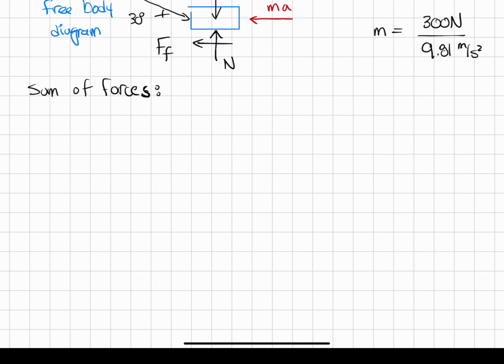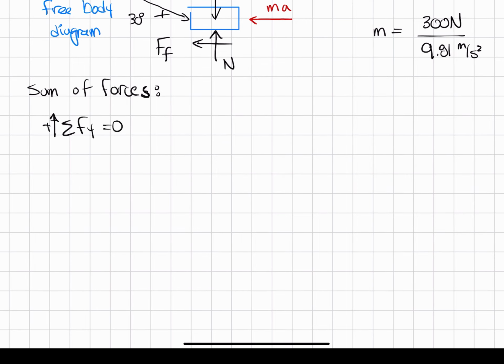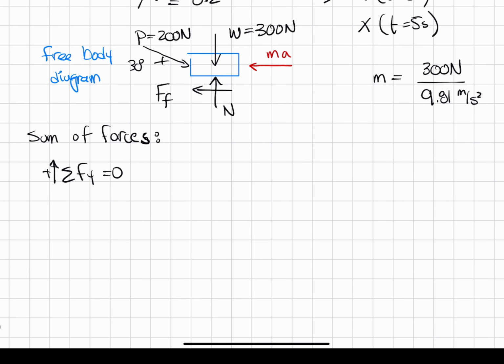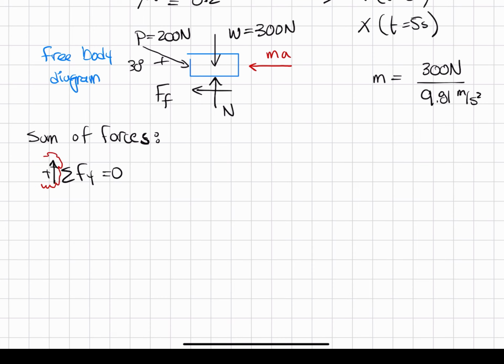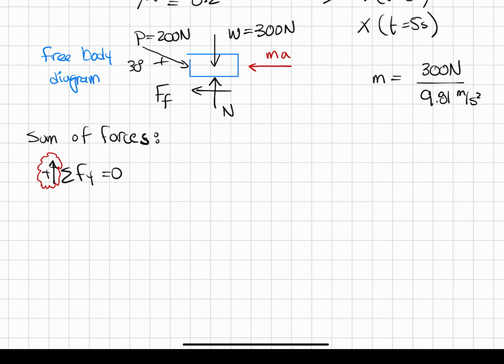So what we could say is all the forces in the y direction have to equal 0. And by the way, here I always like to provide a directionality to where the positive force is. So if the resultant forces are positive, then they're going up. So in this example, I chose up to be positive.